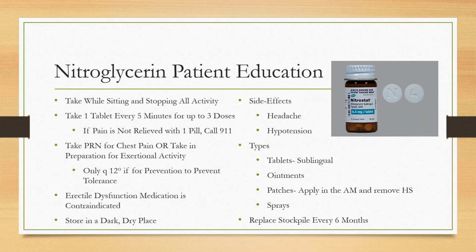Okay, so let's talk about nitroglycerin a bit. So in the top right there, you see that they come as 0.4 milligrams per tablet. And those tablets are meant to go under your tongue. Now, we have nitroglycerin that comes as patches for long-term control throughout the day, right? So it's a 10 to 12 hour patch that you put on during the day and you remove at night because you need a nitro-free period of time.